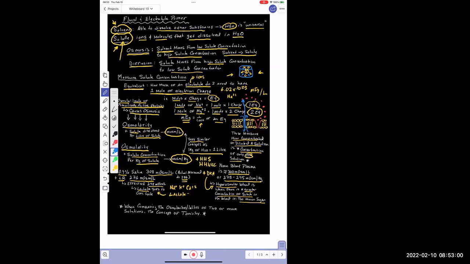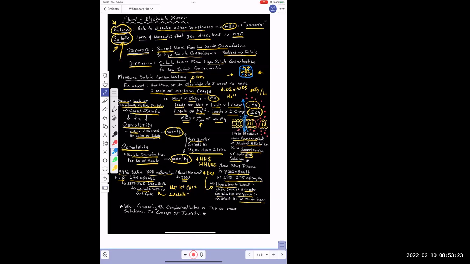And likewise, if the concentration of solute inside of the cells is higher than outside of the cells, then that will tend to draw water into the cells, and the cells will swell. And if the cells lose water, they will shrink, or what we call crenate.